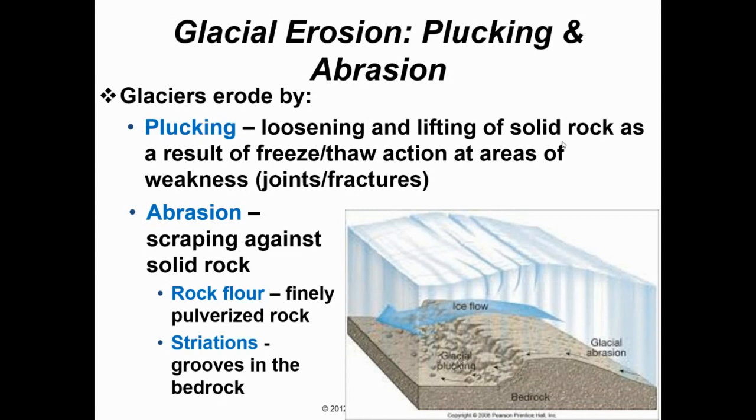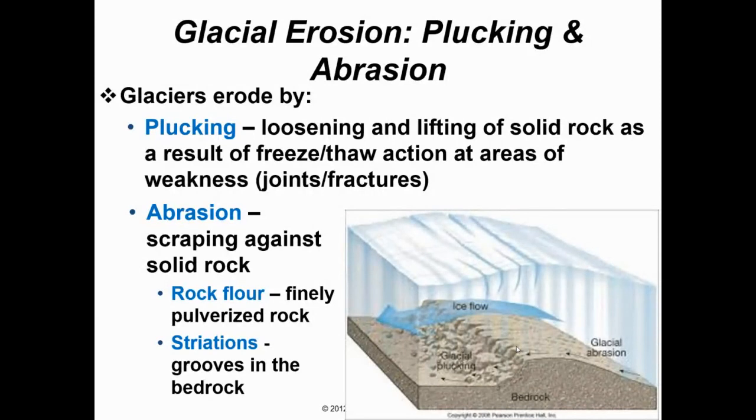So, the loosening and lifting. As the glacier is moving in the downhill direction, which is from right to left in this case, the ice is in contact with the bedrock. It actually will freeze to the bedrock, and that will also help facilitate plucking. So it'll freeze onto pieces of bedrock, and if the glacier moves, it'll just pull it right out.